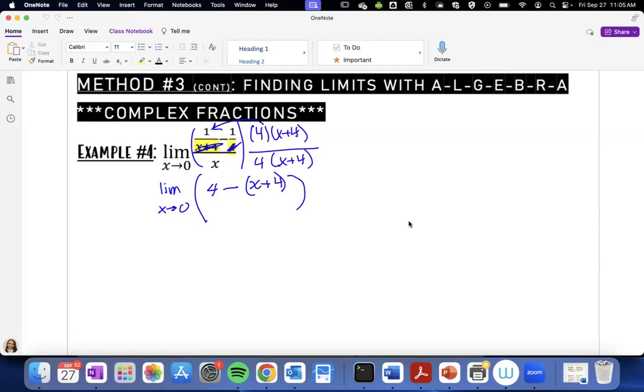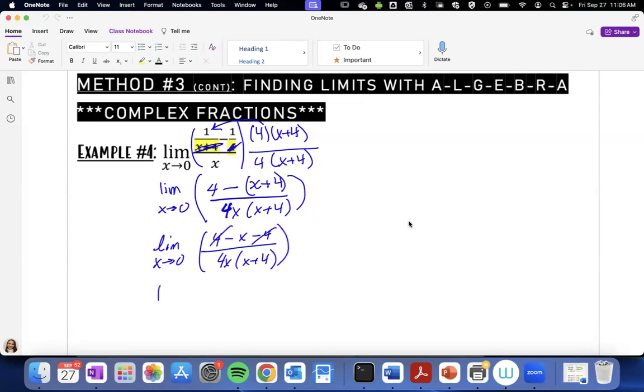So all over x times, I'm going to write 4x, 4x times x plus 4. Okay, I keep going, because if I plug in the 0 in this step, it still hasn't gone away. Simplify that numerator, limit as x approaches 0. Distribute your negative, you get 4 minus x minus 4, and these cancel.